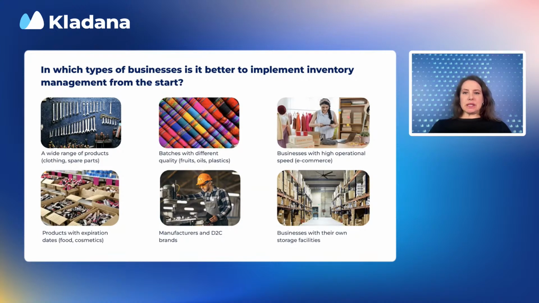Also, businesses where one batch can differ significantly from another one, in quantity or in quality. For example, they get goods from different suppliers, or it's just the nature of the goods they deal with, like fruits, vegetables, raw materials for manufacturing, like oils, plastics, or something like this.